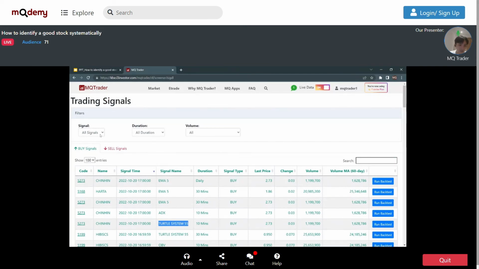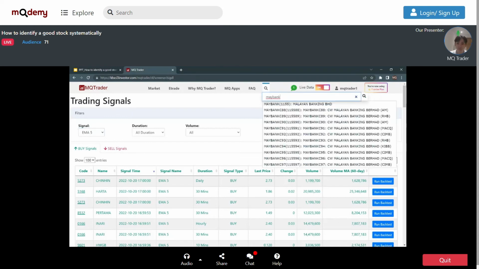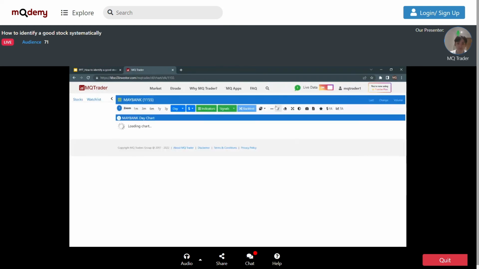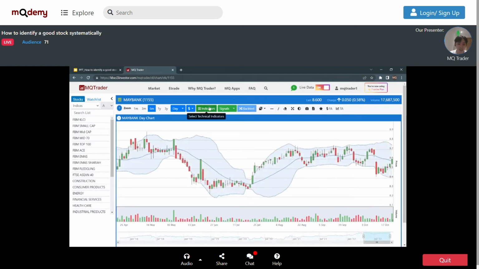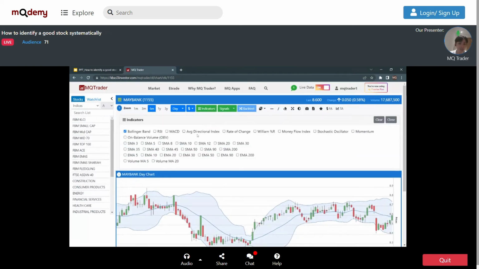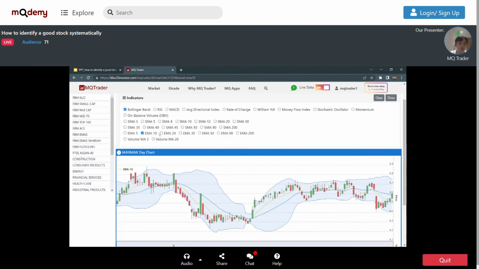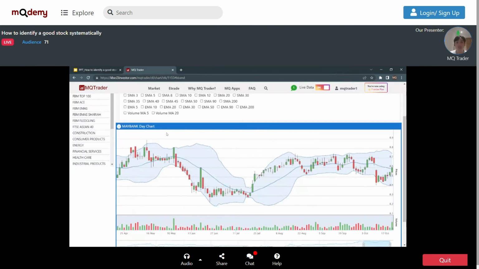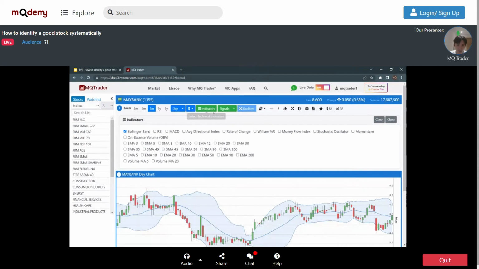Or you can use this one to filter what kind of signal you want to find. And for indicators, you can also search a stock. This part is the indicators that I mentioned just now, like the EMA 10 or EMA 20 combo that I used just now. Right here, this part is the indicator.